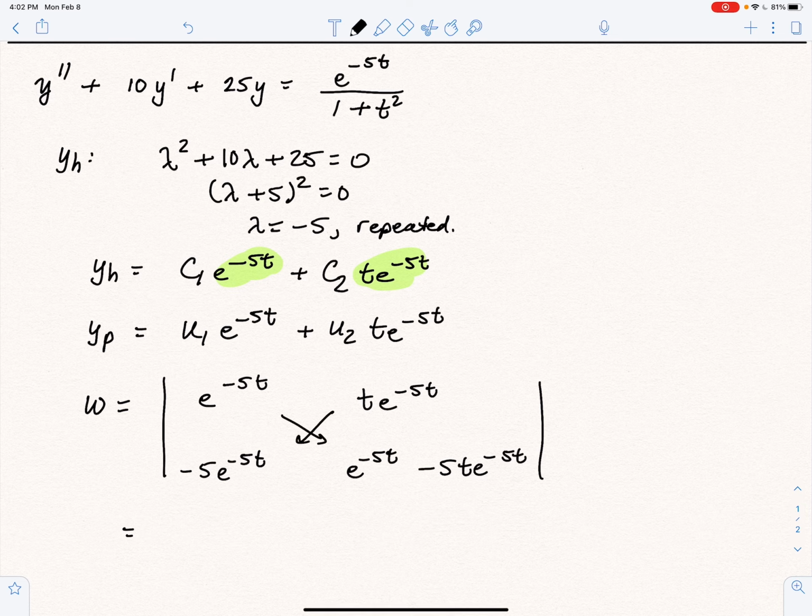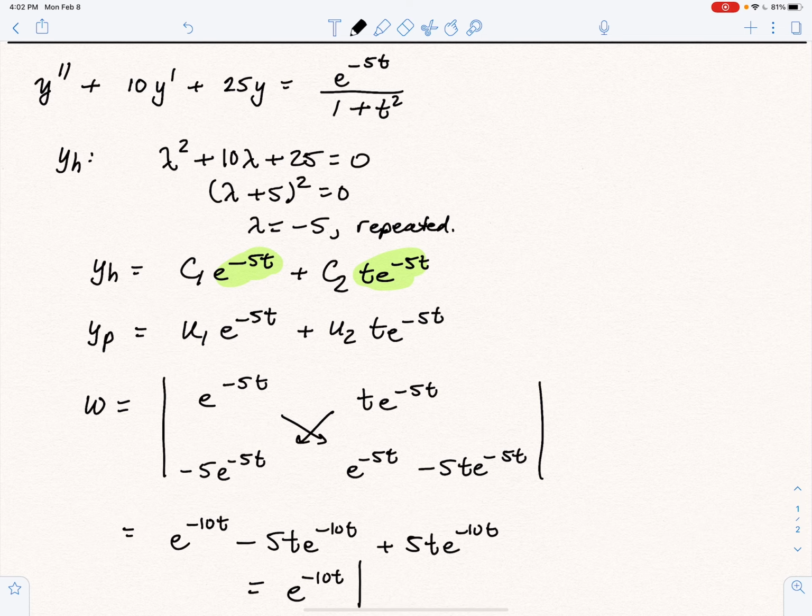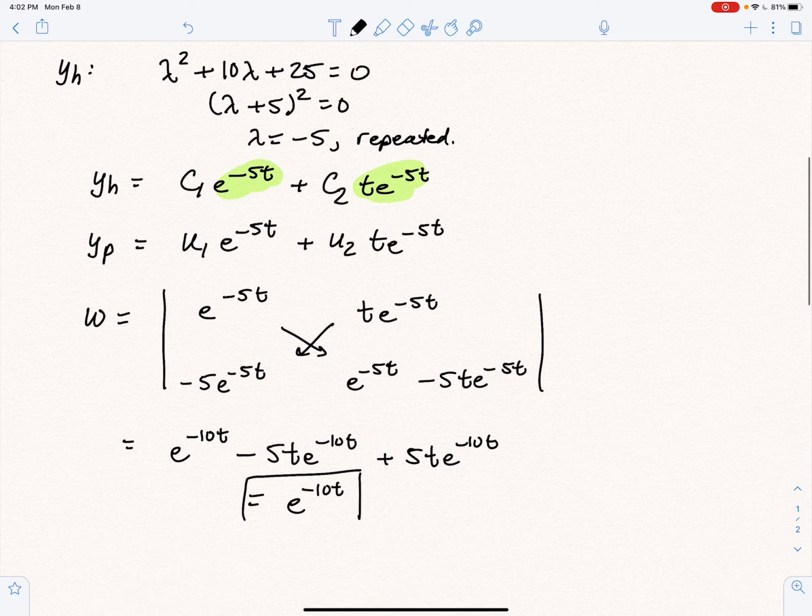So multiplying top left to bottom right, we have e to the negative 10t minus 5t e to the negative 10t. And then subtracting the product from the upper right down, it looks like it's plus 5t e to the negative 10t. And that's just e to the negative 10t. So look at that. Nice, simple Wronskian.